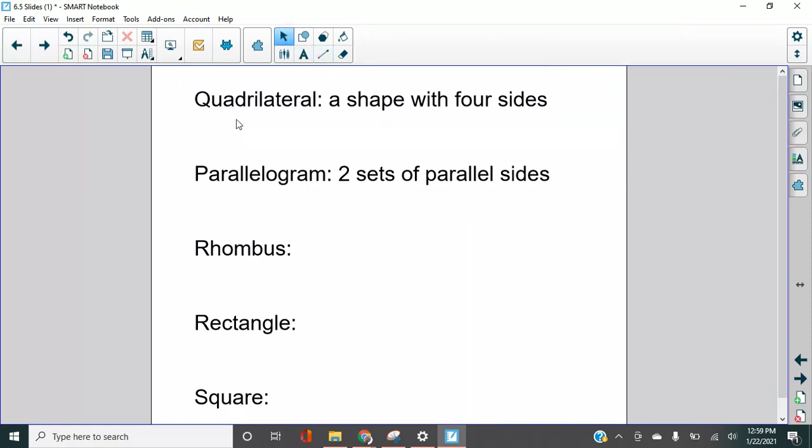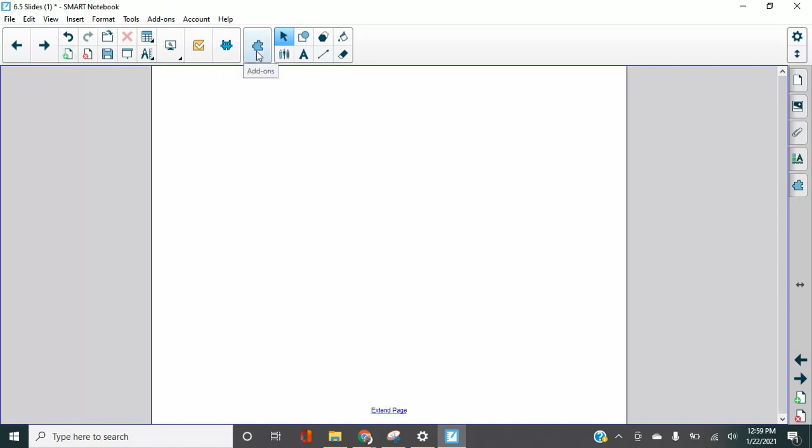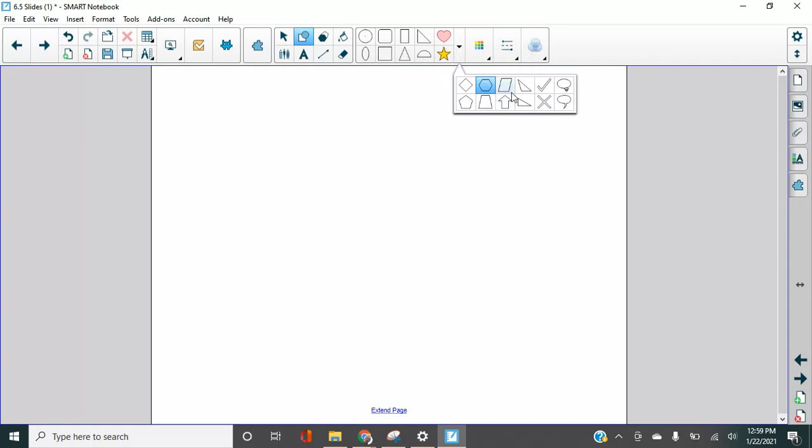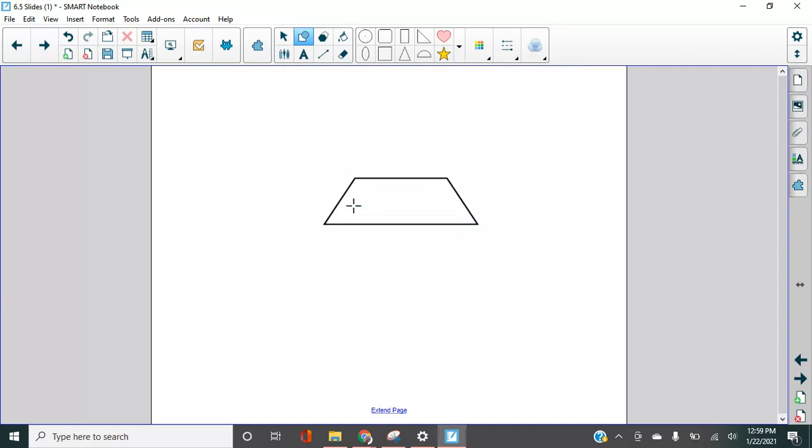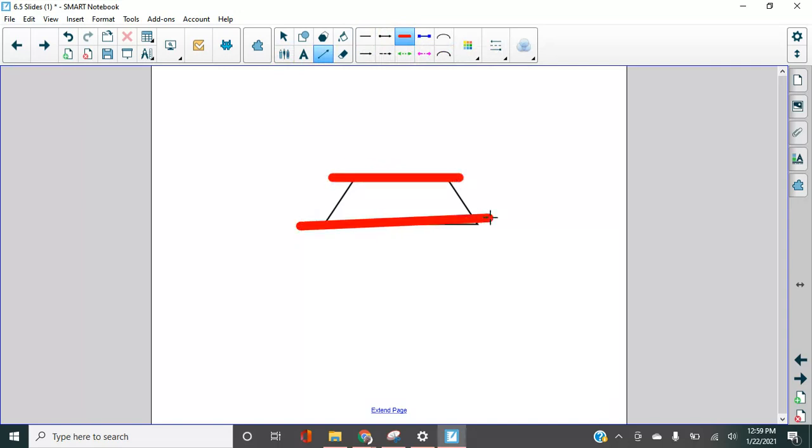Right? An example that is not a parallelogram is a trapezoid. Right? A trapezoid looks like this here. And if you look, this is not a parallelogram because this side right here, that's parallel to that, right?